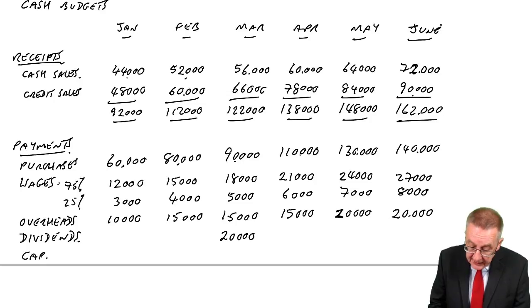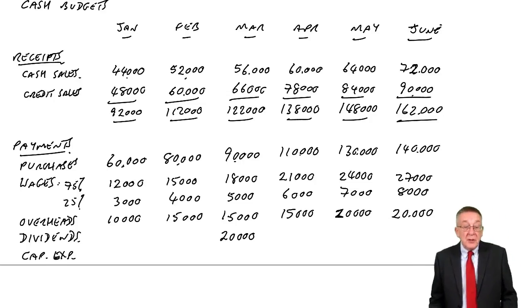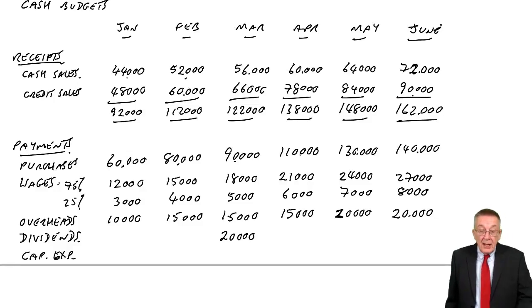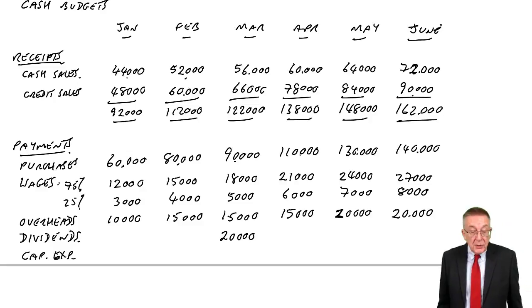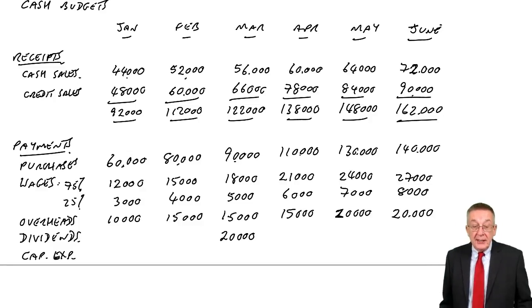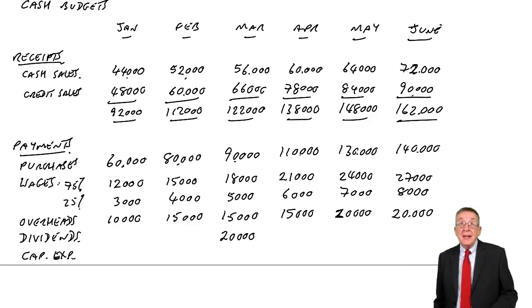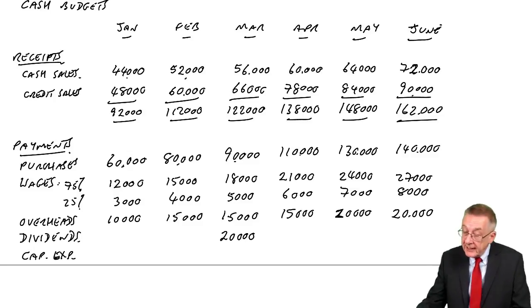Finally, capital expenditure, new machines, etc. 30,000 and 40,000, but note F, we pay 2 months after it's incurred, so we're taking 2 months credit.